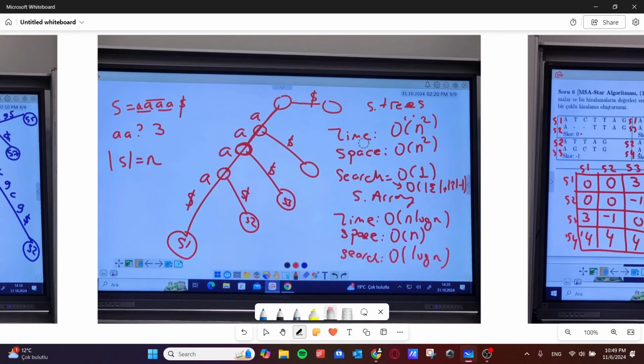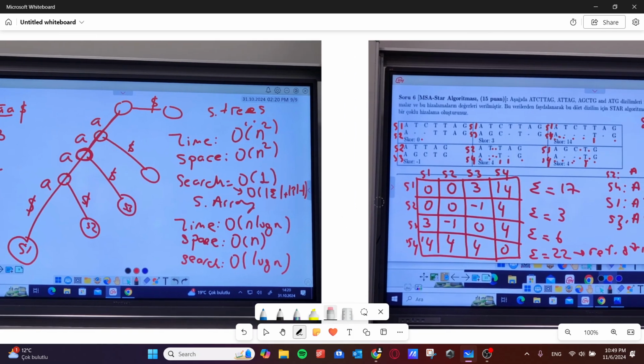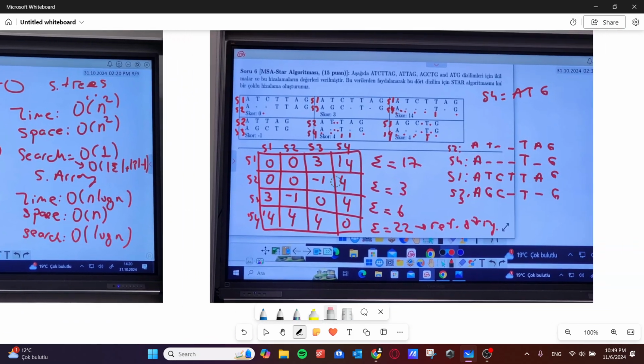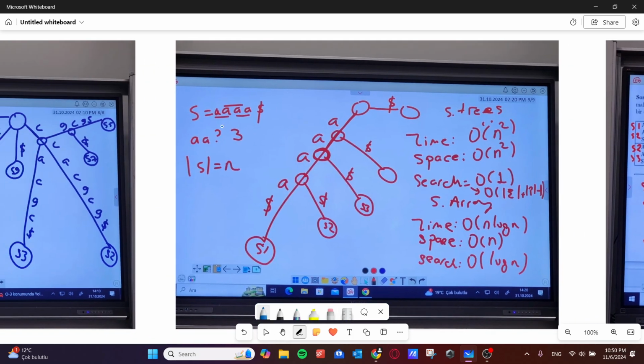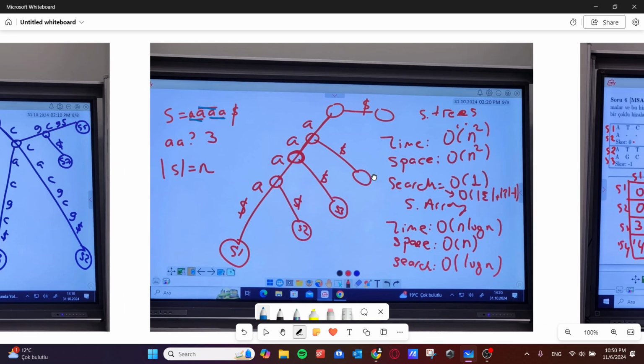This one is the complexity, and this one, yes, is the multiple sequence alignment. For this, I don't know if this is important, by the way, how many A's he's asking. So we find here A, then A, then A, so it's 3. I don't know if this is important or not.